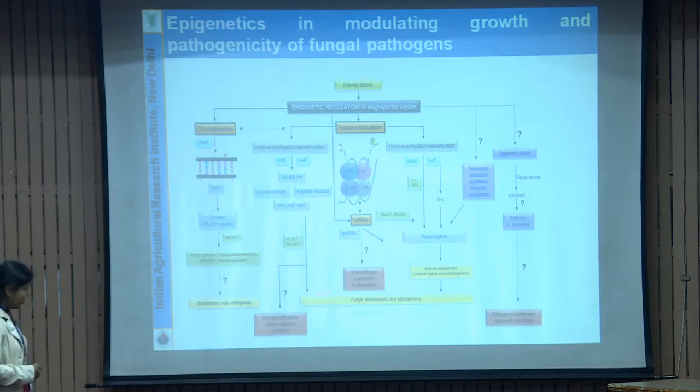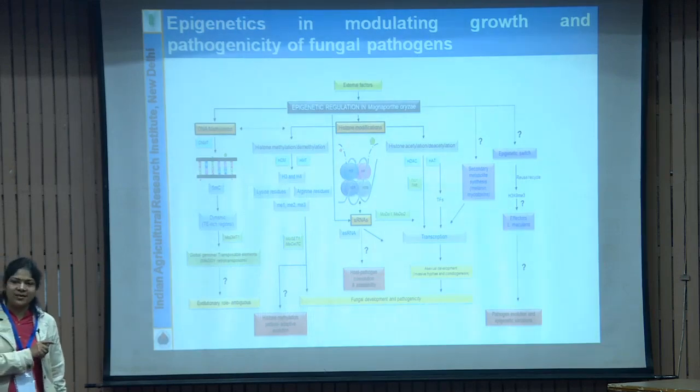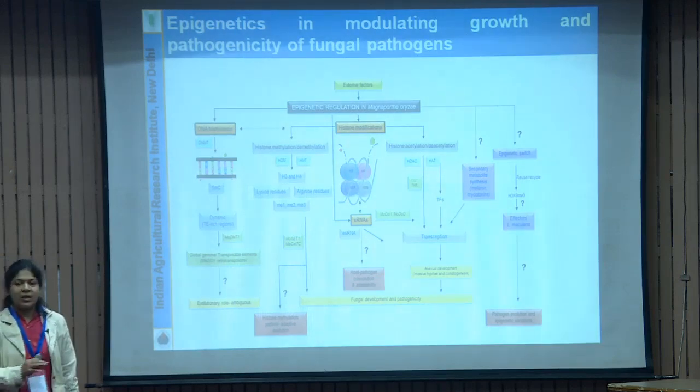But the questions which remain to be answered here were whether any DNA methylations which were happening may have a role in the evolution of that fungus, or whether any histone modifications are leading to more adaptive evolution of that fungus, or maybe there is a host pathogen co-evolution which is happening because of these epigenetic changes in the fungus.